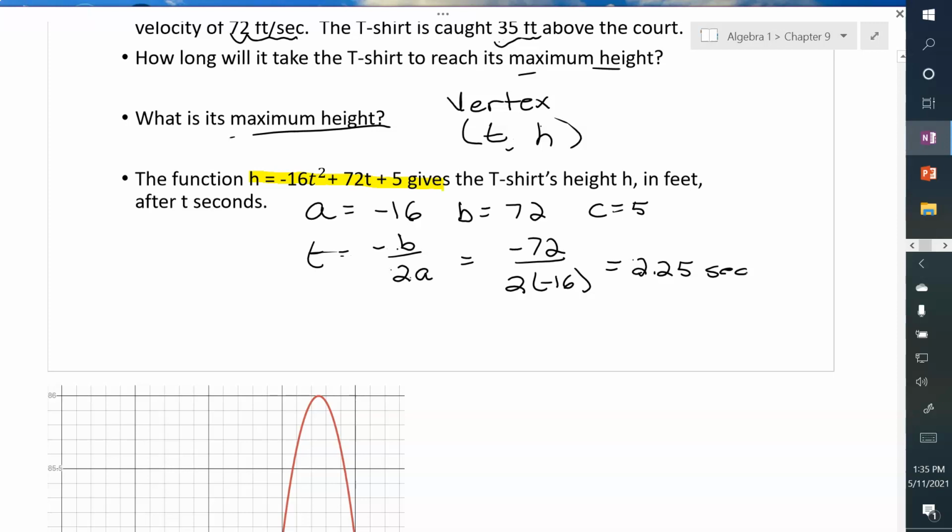And then let's find that height. So I'm going to plug in that 2.25. I'm going to get negative 16 times 2.25 squared plus 72 times 2.25 plus 5. So go ahead and punch that in your calculator.